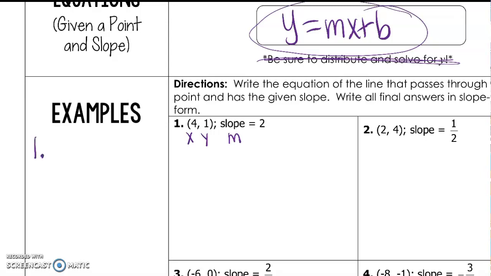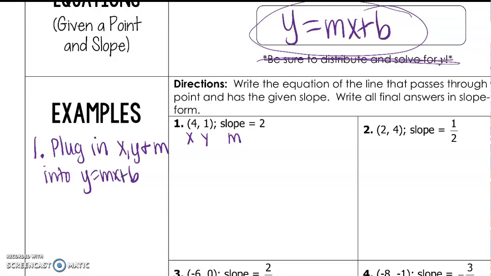Step 1 is to plug in x, y, and m into y equals mx plus b. So number 1 will look like this: 1 equals, because 1 is my y, m is 2 times x, which is 4, plus b. That's step 1, plug in x, y, and m into our equation.